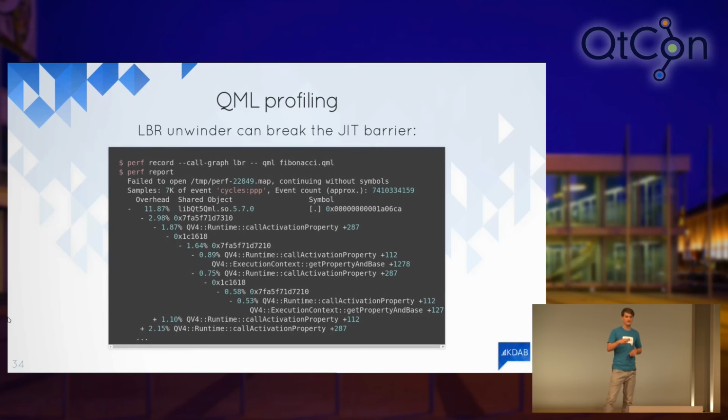So in the report cases before, perf actually told you it failed to open a /tmp/perf-PID.map file. That's the third line in this output, continuing without symbols.